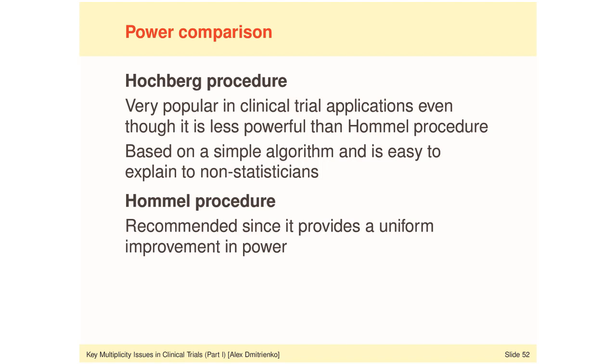And it's interesting to point out, by the way, that the Hommel procedure, despite its popularity in clinical trials, is never explicitly mentioned in the FDA's draft guidance on multiple endpoints. But once again, I would personally recommend applying the Hommel procedure whenever the Hochberg procedure is considered.